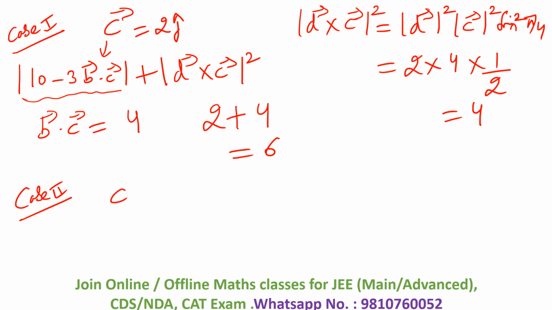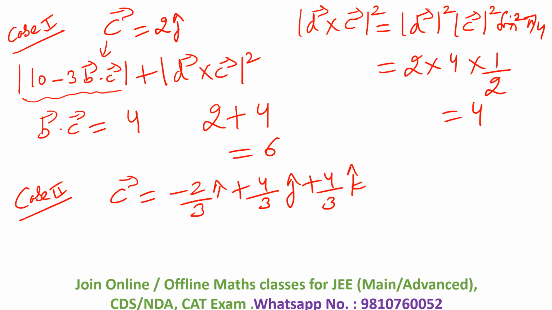Now in the second case, the vector c becomes minus 2 by 3 i plus 4 upon 3 j plus 4 upon 3 k, right? Because here x is minus 2 by 3, y is 4 by 3 and z is 4 by 3. Now students, the value of the second part of the expression, that is square of mod of d cross c, will still be the same because mod c is same, mod d is same.